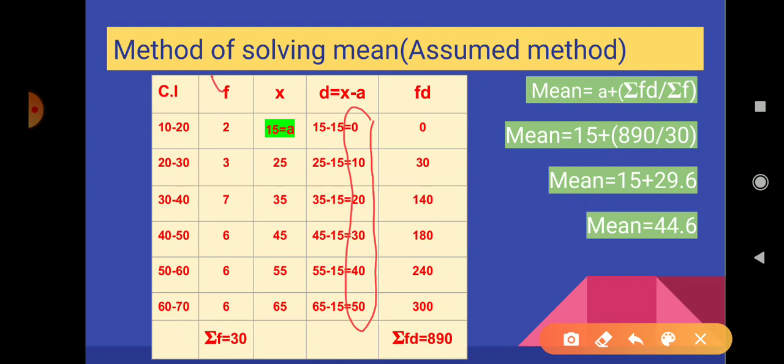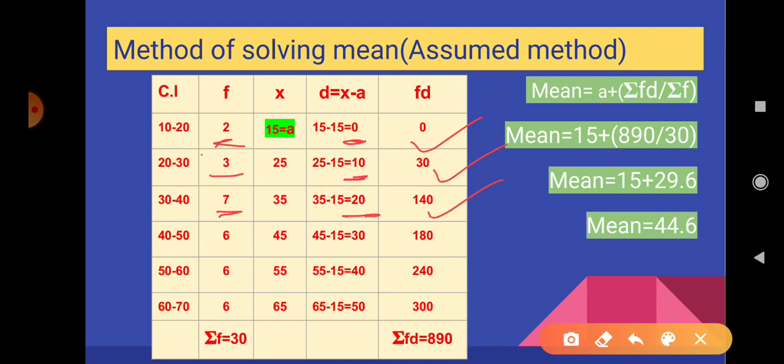Next step is to multiply f and d, because the formula is sigma fd, right? So fd means multiplication of frequency and d. Look here: 2 into 0 is 0. 2 zeros are 0. 3 tens are 30. 7 twenties are 140. 6 thirties are 180.